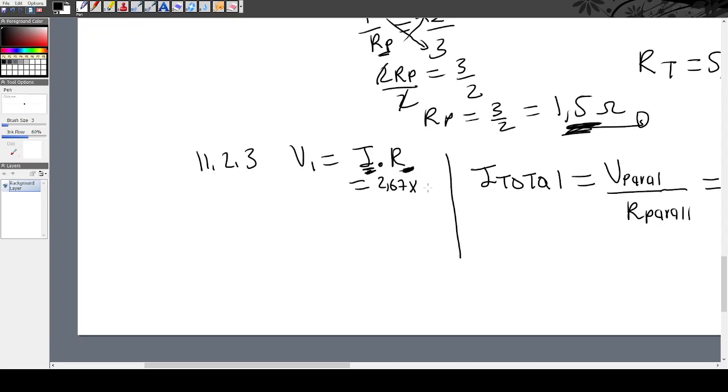R is the total resistance of the circuit, and the total resistance of the circuit should be 5,5, because it's 4 plus 1,5, which is 5,5. So multiplying that 2,67 by 5,5, we should get 14,67.